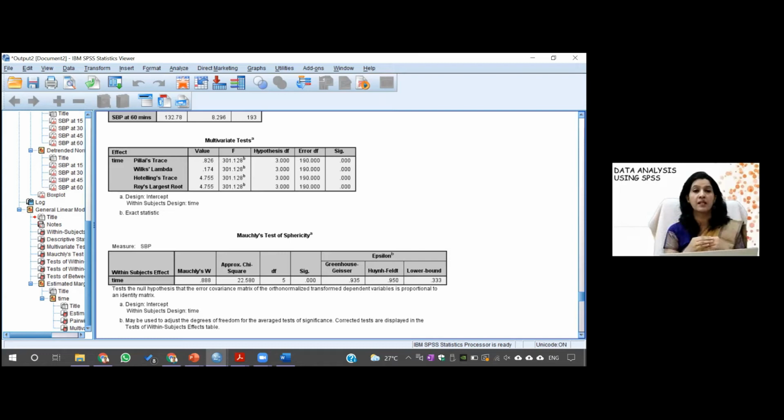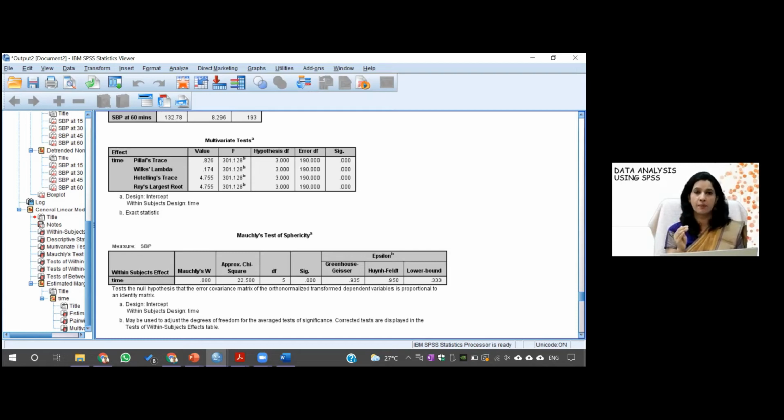But in repeated measures ANOVA, you are testing the difference of variance across one group only, and that's why it is known as Mauchly's test of sphericity. This is also a way to check variance between the different time points.